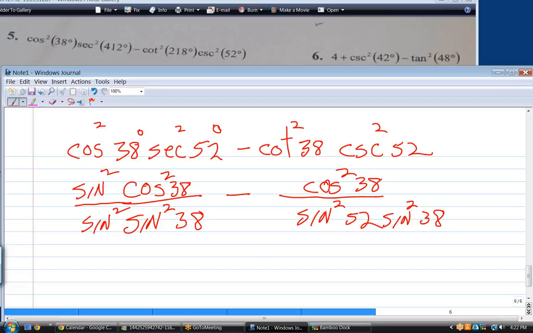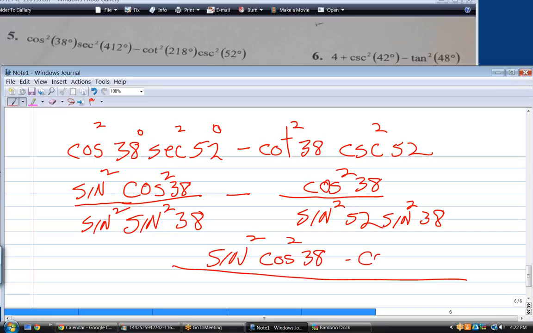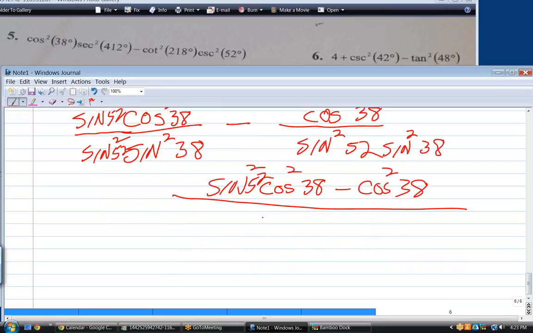Now we have a common denominator, and the result is sine squared of 52 minus cosine squared of 38, and it's all over this denominator.